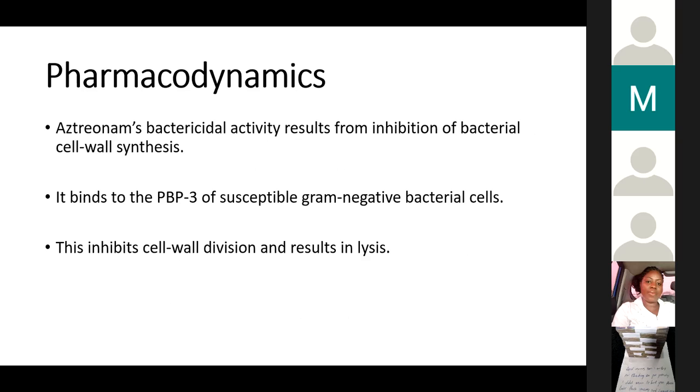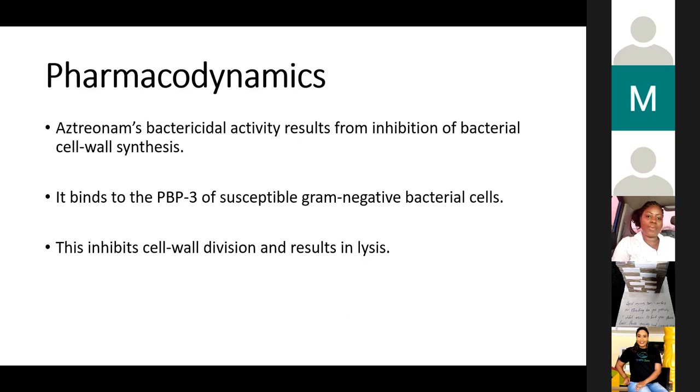Its action is mainly bactericidal, meaning that it kills the bacteria, and this results from the inhibition of the bacterial cell wall synthesis. It binds to the penicillin binding protein of the cell wall and inhibits cell wall division, and this leads to breakdown of the cell wall.